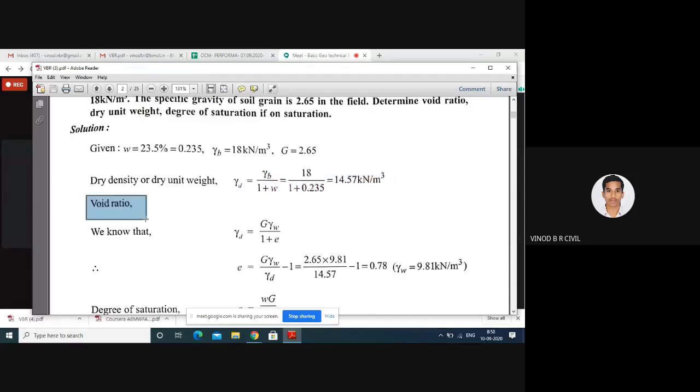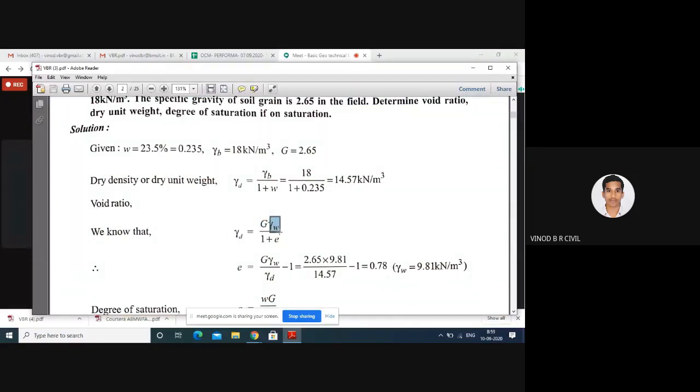Next one is the void ratio, denoted by small e. We can use this mathematical expression to calculate the void ratio because we know the value of gamma d and the specific gravity.